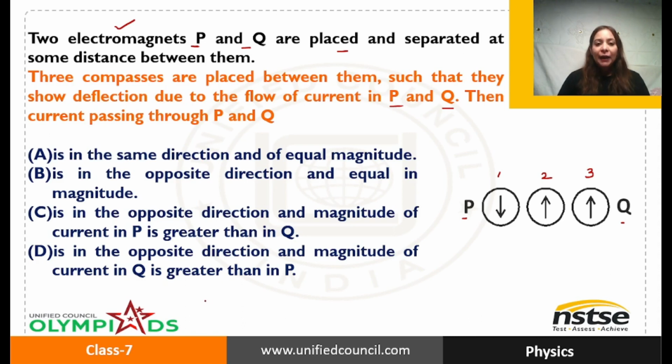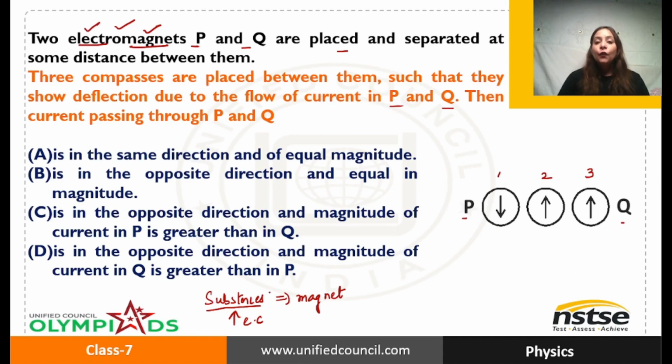So electromagnets are substances which are not naturally magnets, but you can magnetize them. If you pass electric current through them, these substances behave like a magnet. That is the reason they are called electromagnets. So we have two electromagnets here.